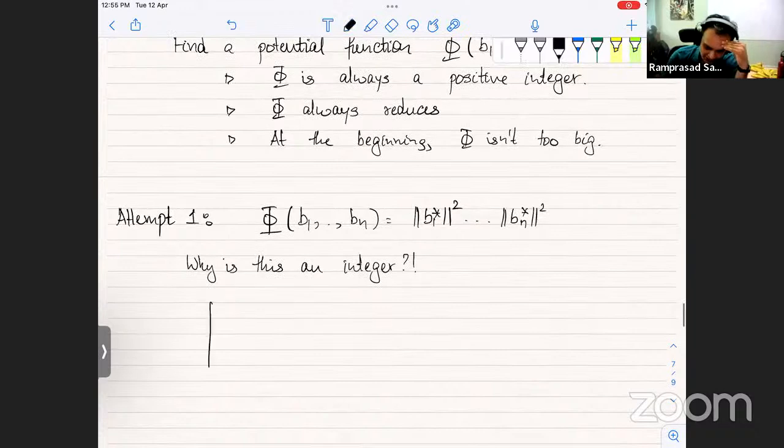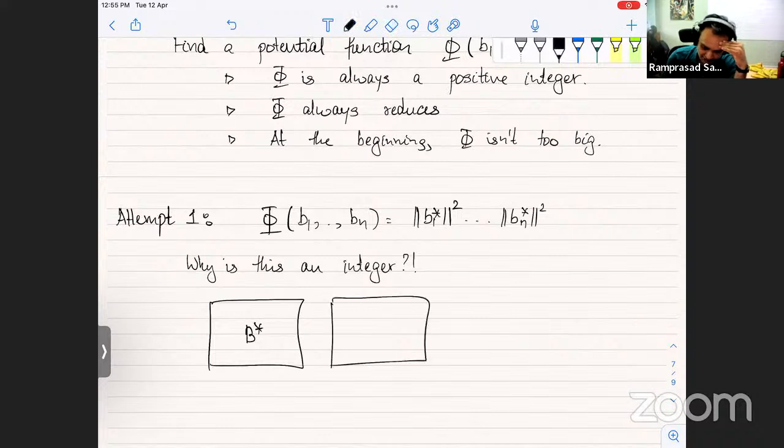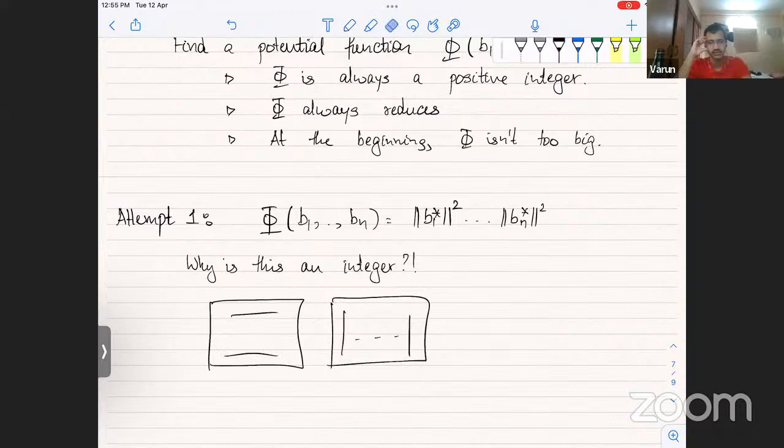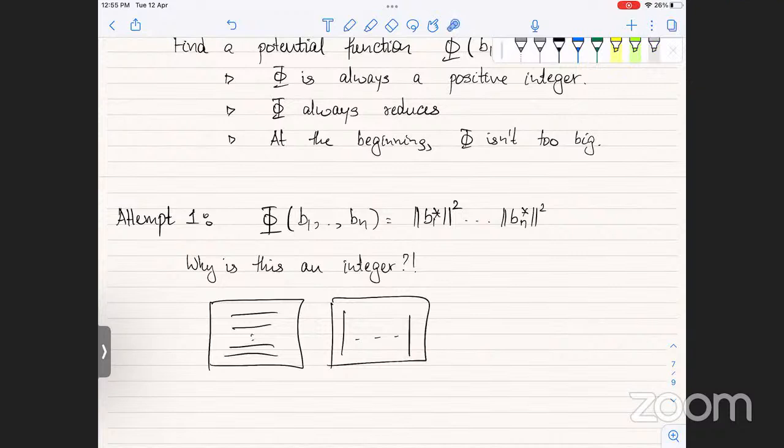The easiest way to look at this is to look at B star and B star transpose. What is this matrix going to be? Not quite the identity.